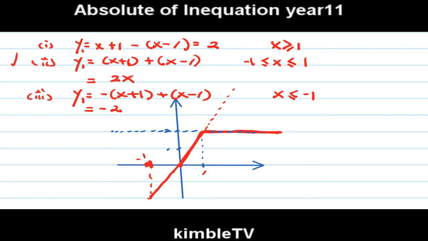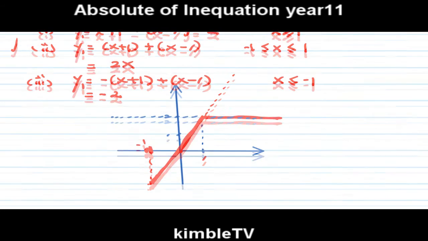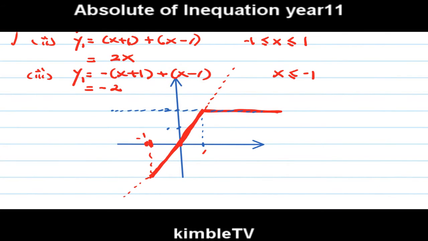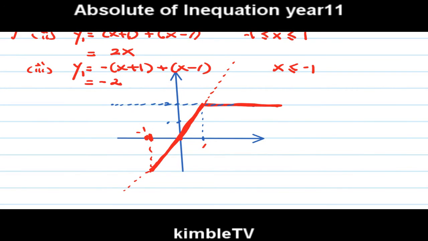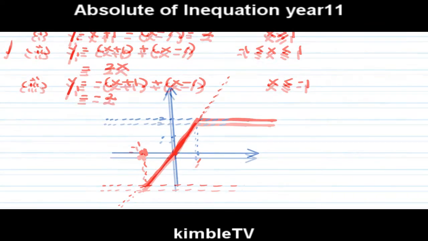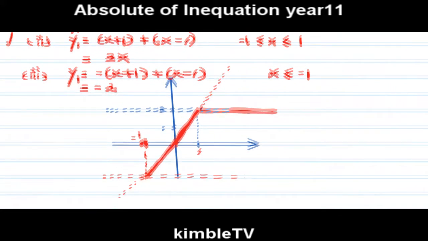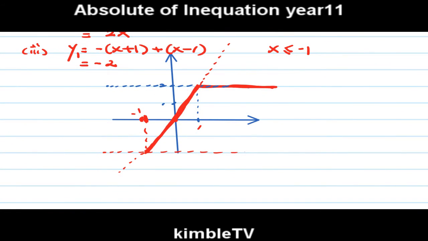Therefore, the graph is a straight linear line, just this one, not this. And the last one, y equals -2, but its domain is x less than -1. This one. Okay, we have got this graph.